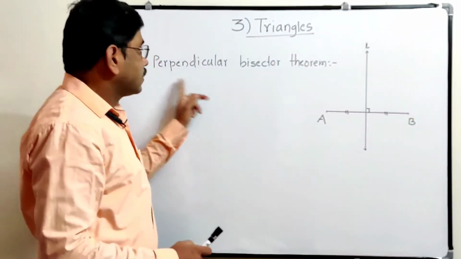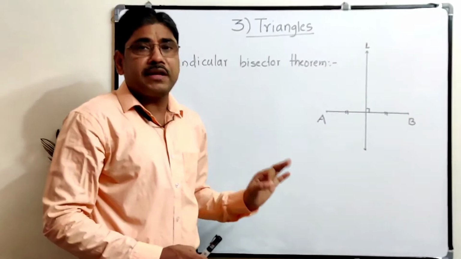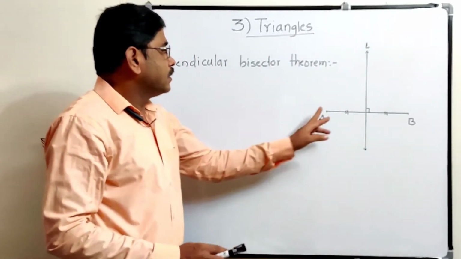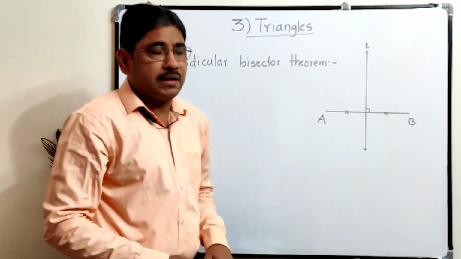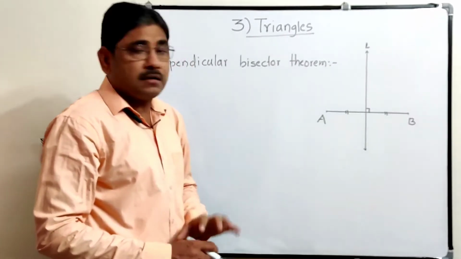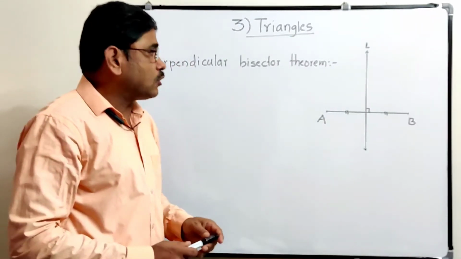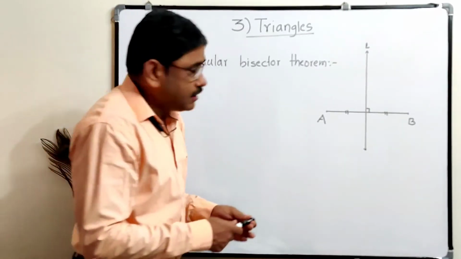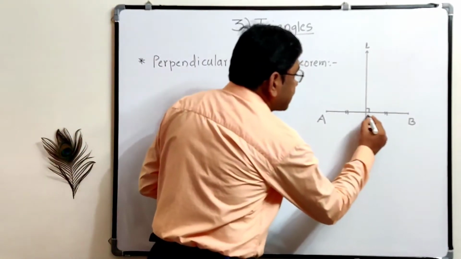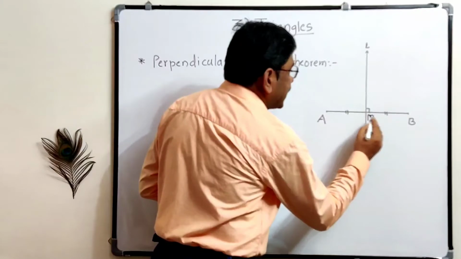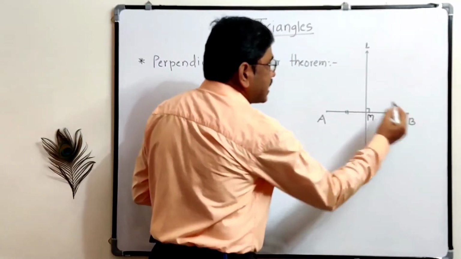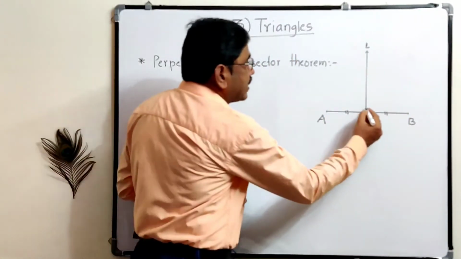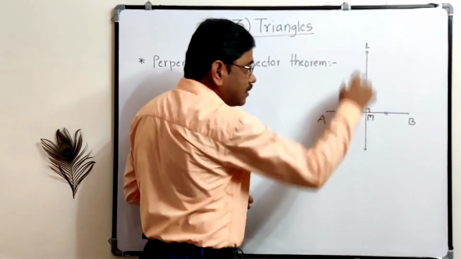Here first theorem is perpendicular bisector theorem. Here segment AB is given and line L is the perpendicular bisector of segment AB. That means that line divides this segment AB into two equal parts, AM equals MB, and it is perpendicular. That's why it is called perpendicular.